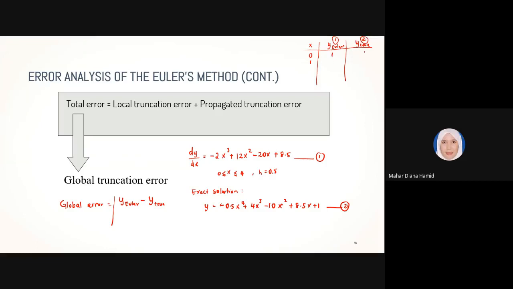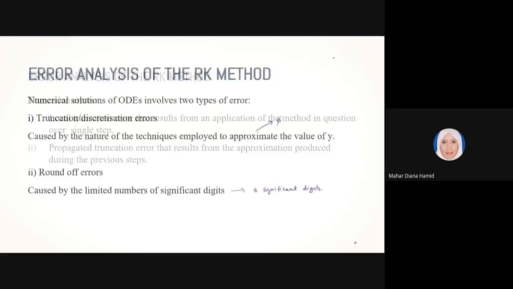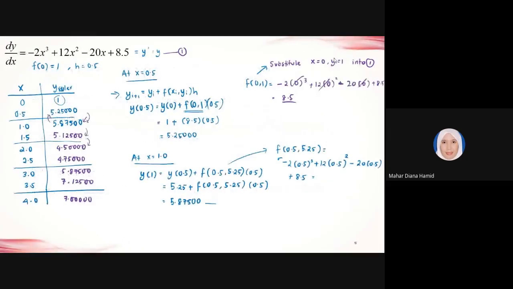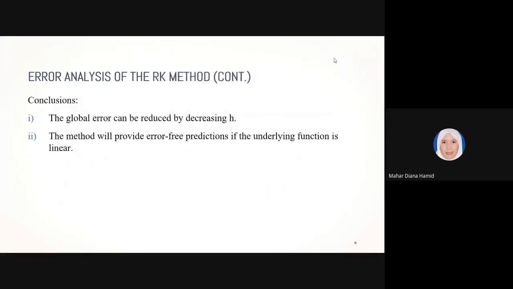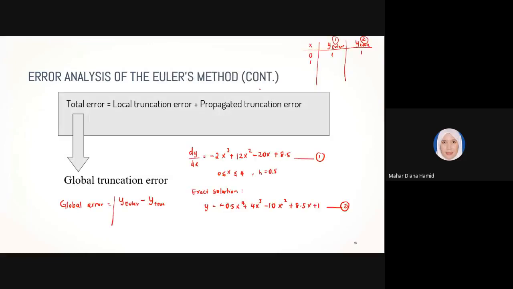For y Euler at x equals 1, if we refer back to the example, it's actually 5.25. And to get the y true value, we just substitute 1 into equation 2, and we will get 3.21875.